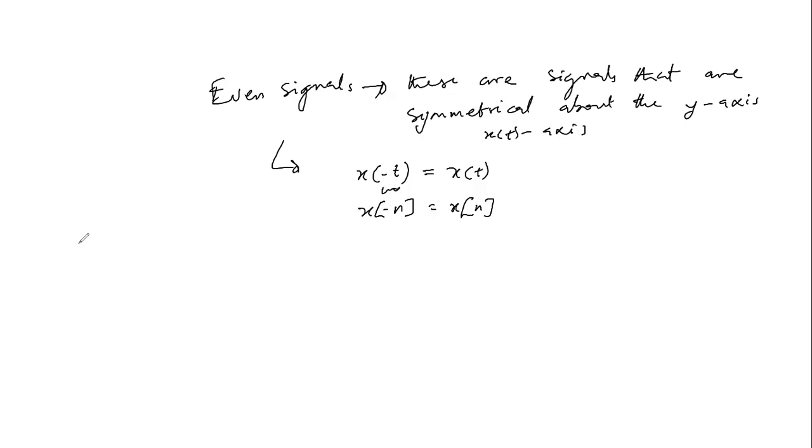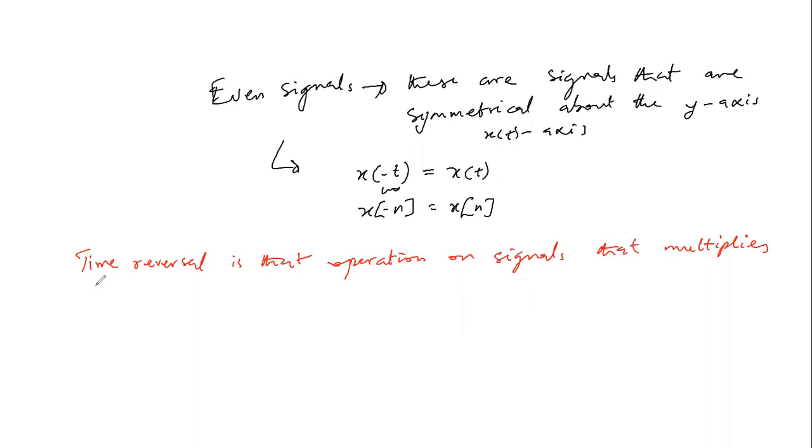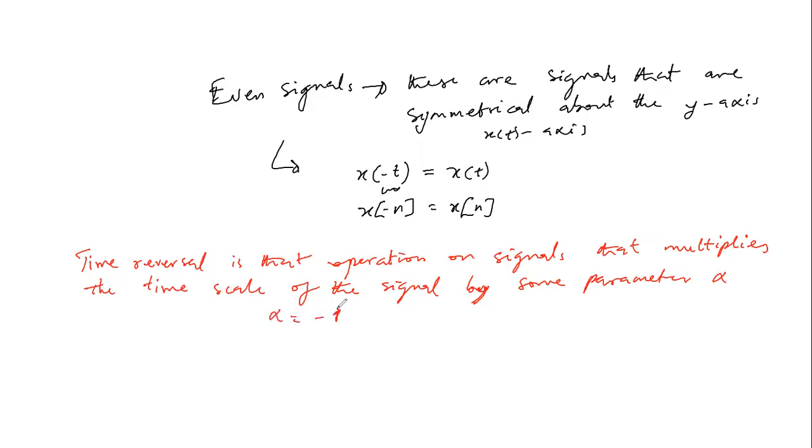We should note now that time reversal is that operation on signals that multiplies the time scale of the signal by some parameter, say alpha, for which alpha is the same as -1.